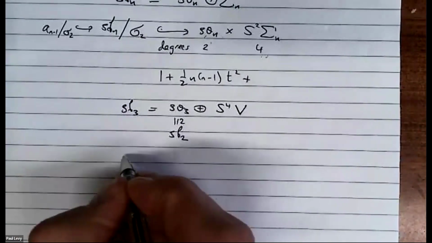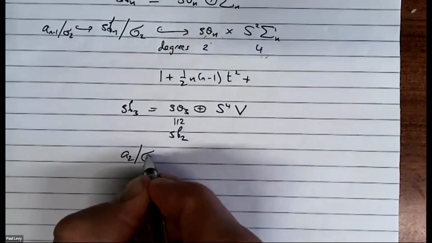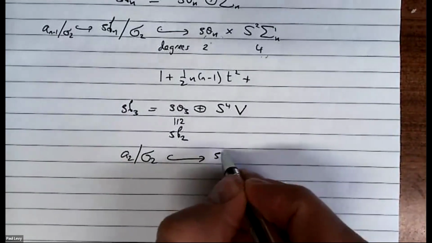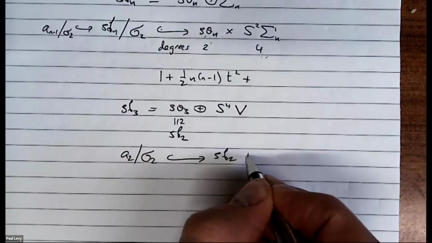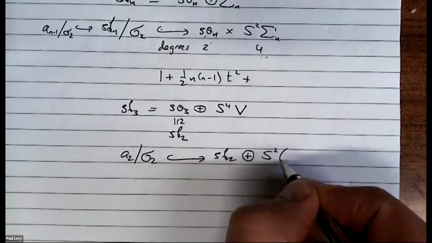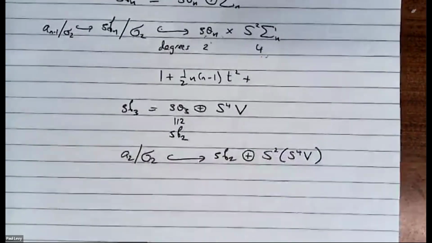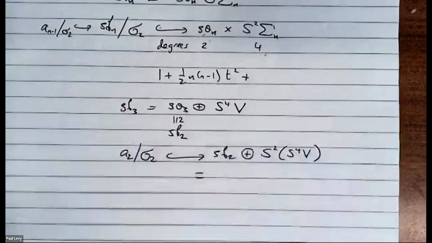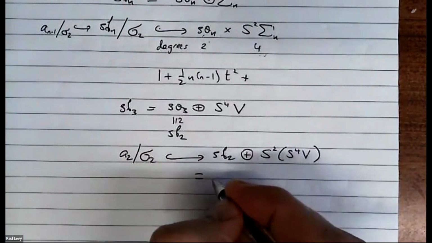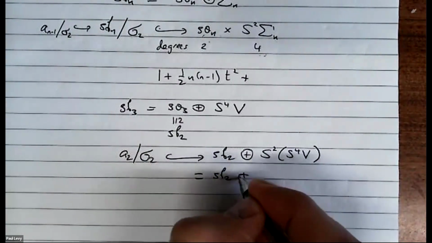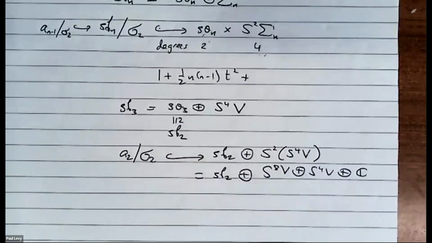So it means A2 of S2 embeds into SL2 plus S2 of S4V, which turns out to be a bit messy. So basically, you're writing out the generators for this similarity, and then at some point you're going to have the relations, and you're going to be able to get a Hilbert series. Is this the idea here?